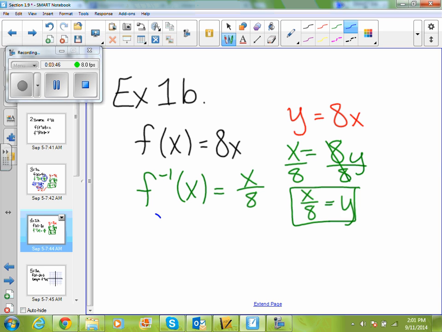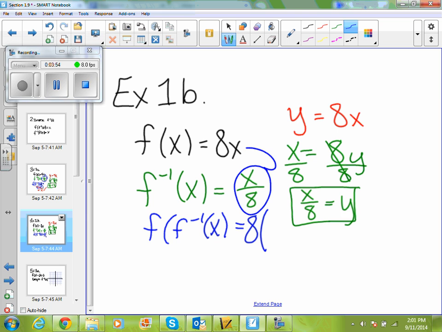And to verify it, we plug it in. So f of f inverse of x equals 8 times, we plug this in for my x, so 8 times x over 8. And then my 8's cancel, and I end up with just an x, which is what we wanted.